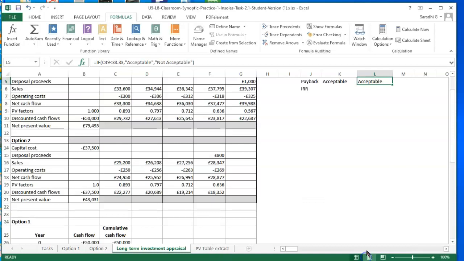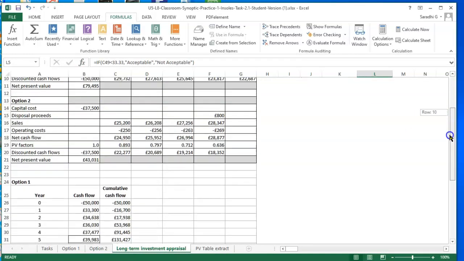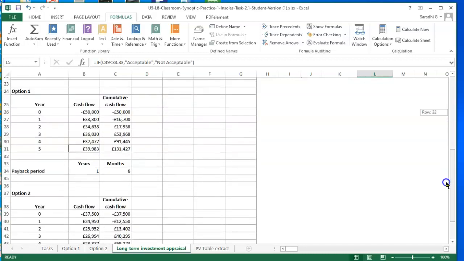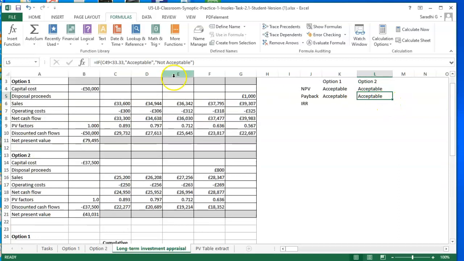And say okay. Did I do something wrong? I think here, I forgot the percentage sign. Here also, 33.33%.